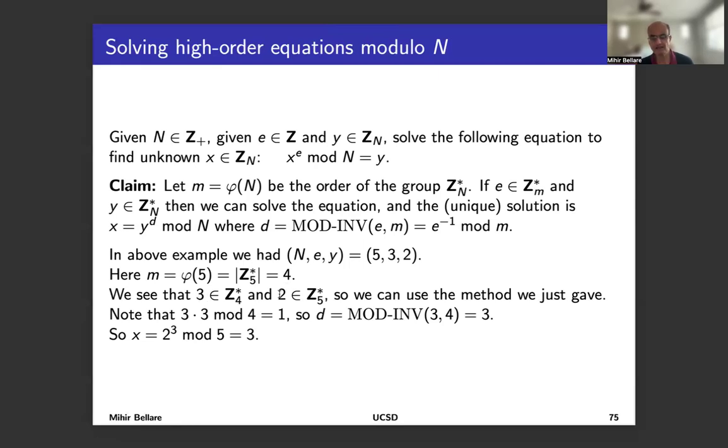And we also notice that the value here, the 2, is in Z star 5. So we can use the method, and what it tells us to do is compute the inverse of this E value. So our E here was a 3, and we have to compute its inverse, but in what group?